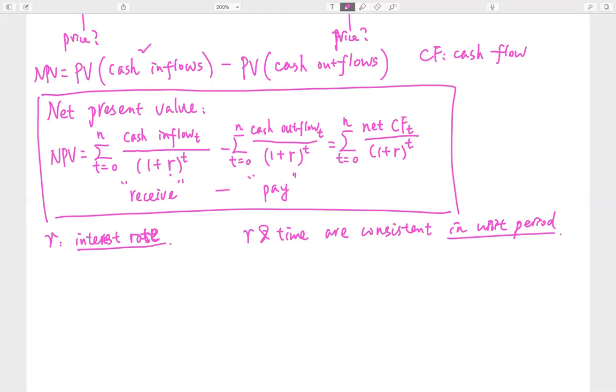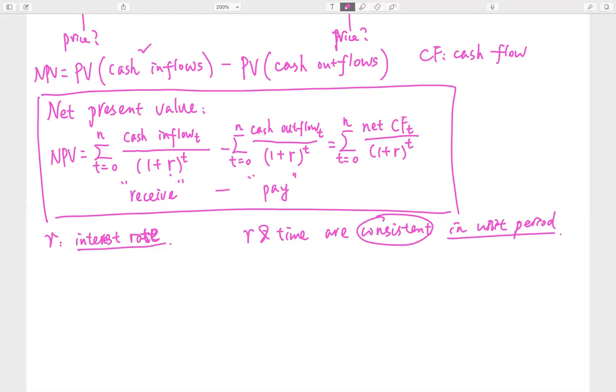So that's the meaning of consistent. They should share the same unit length in period. If it's a monthly payment, you use the monthly interest rate. If it's quarterly, you use the quarterly rate. If it's semi-annual, you use the semi-annual rate. Of course, if it's annual, you just use the annual interest rate i.